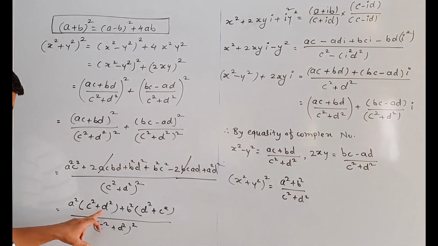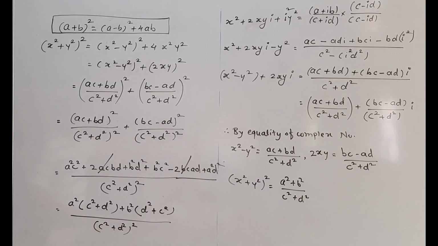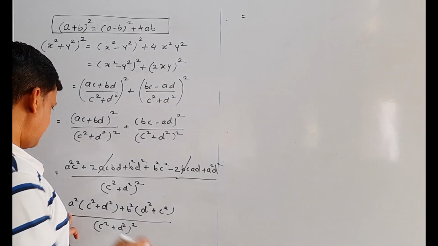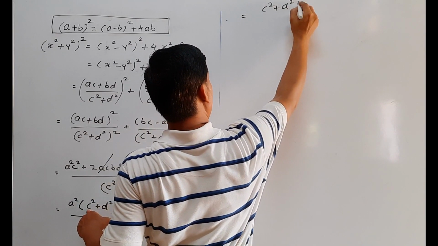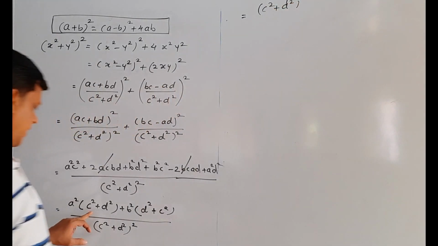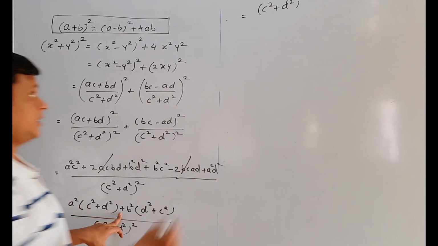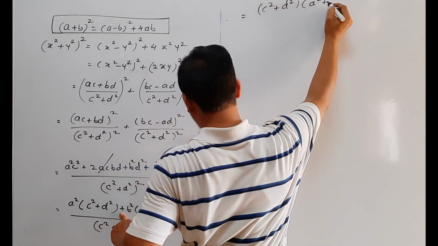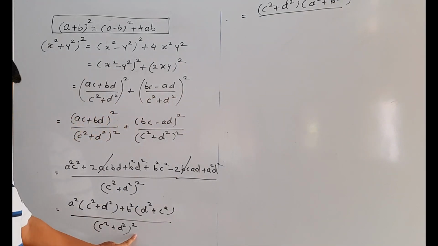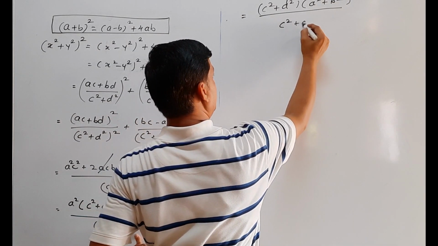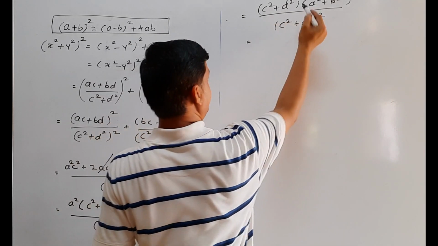Now again this c² + d², here d² + c², we take common. So we write here a² + b², or we write this c² + d² common. When we take c² + d² common, the coefficient is a² + b². So we write in the second bracket (a² + b²) upon (c² + d²), its square, that means this c² + d² has power 1.